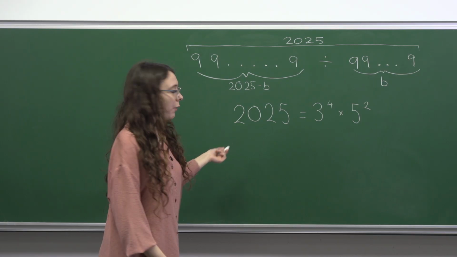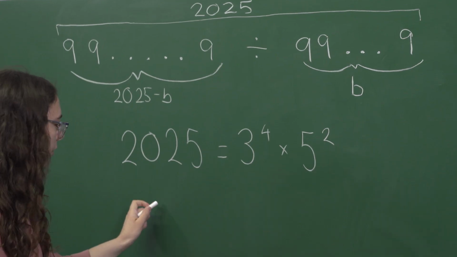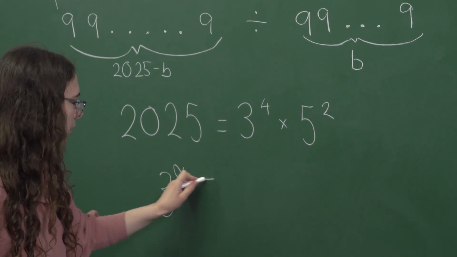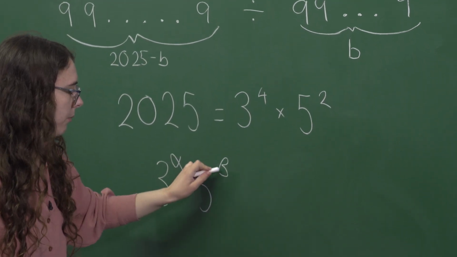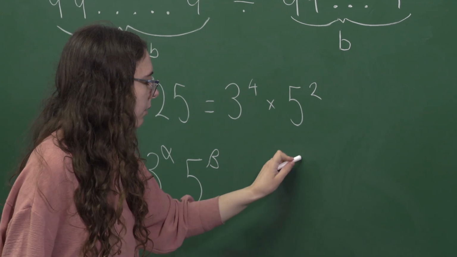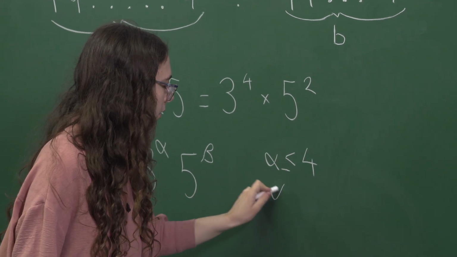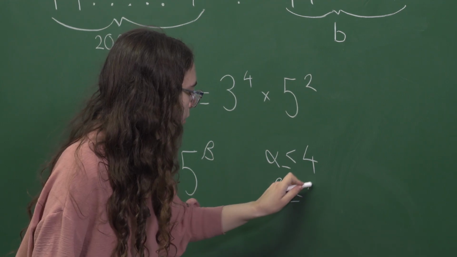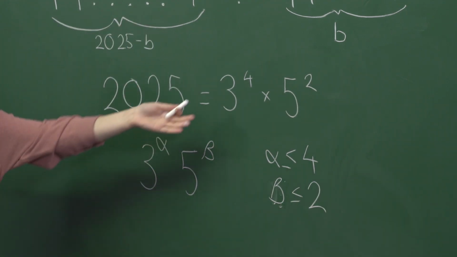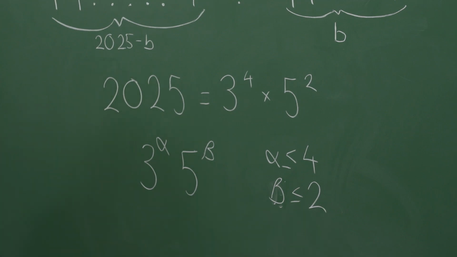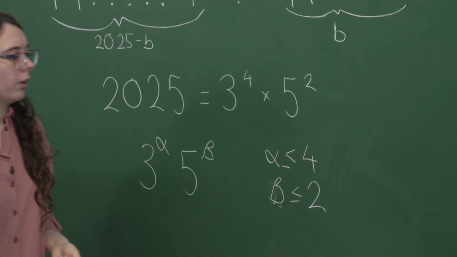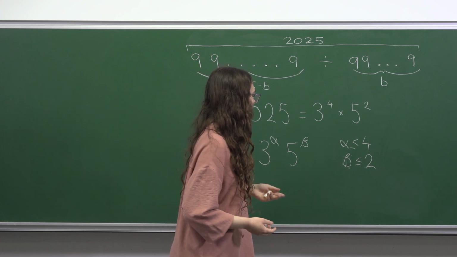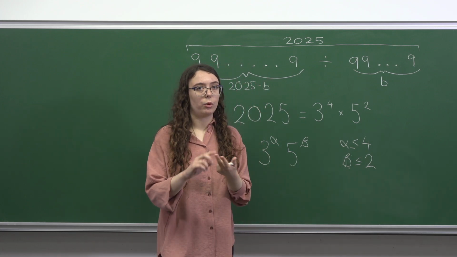So we're looking at how many factors does 2025 have other than itself. And so any factor of 2025 is going to be of the form 3 to the alpha times 5 to the beta, where we must have alpha at most 4 and beta at most 2. And so this gives us 5 choices for alpha, 0, 1, 2, 3, 4, and 3 choices for beta, 0, 1, 2.